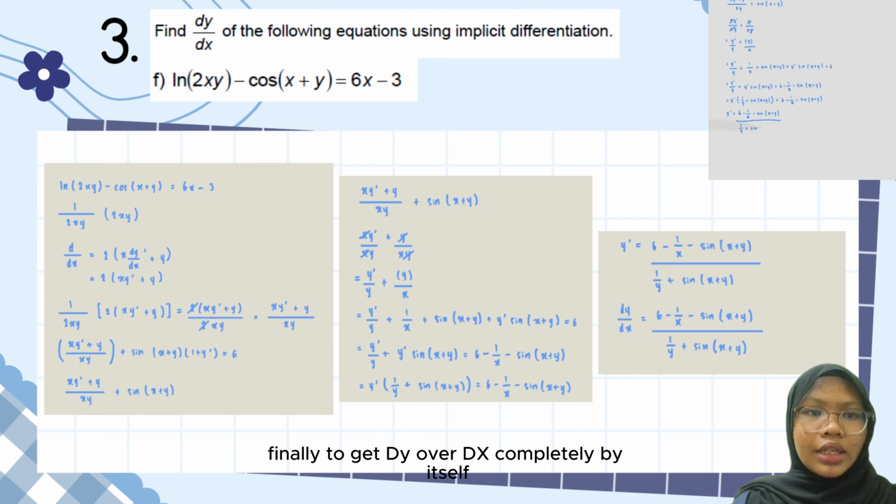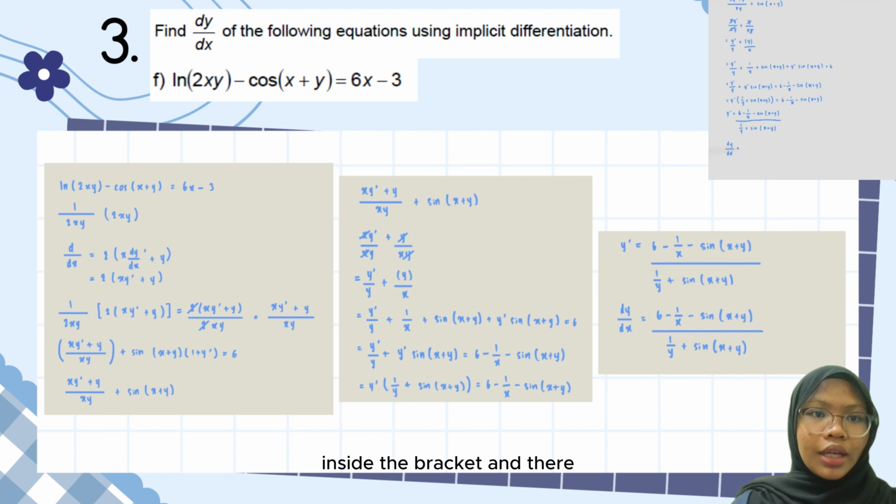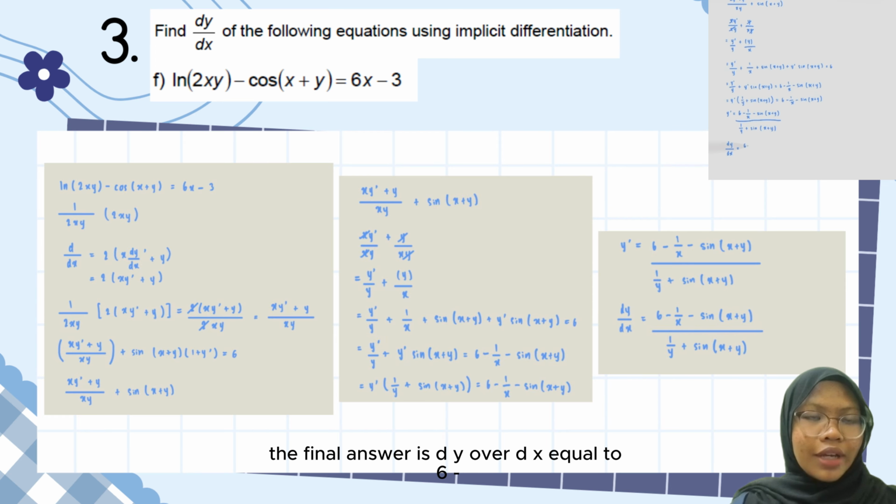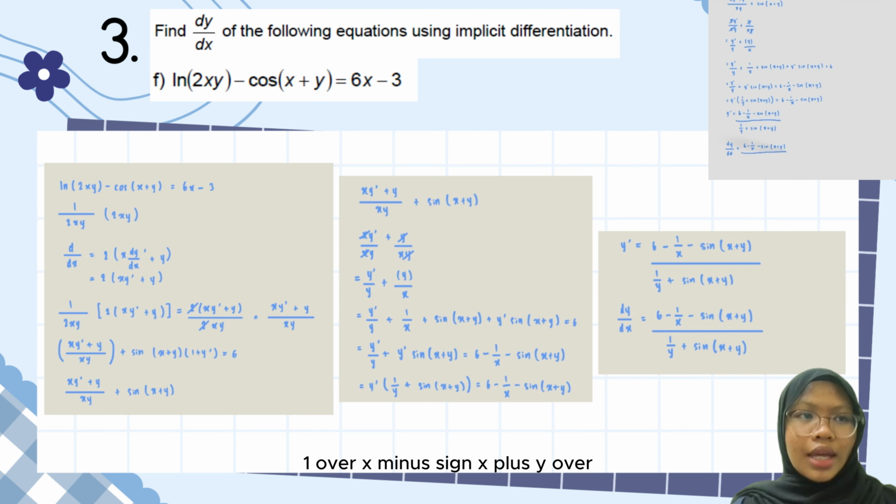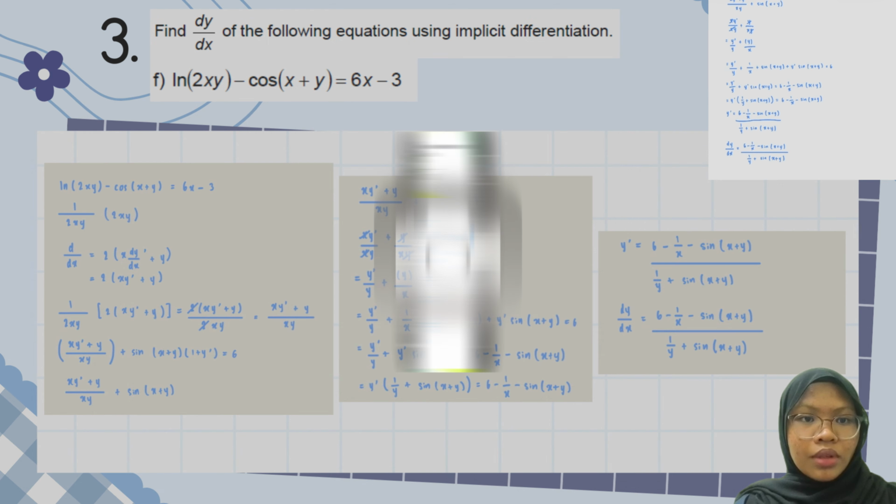Finally, to get dy over dx completely by itself, we divide the right side by the expression inside the bracket, and the final answer is dy/dx equal to (6 - 1/x - sin(x+y)) over (1/y + sin(x+y)).